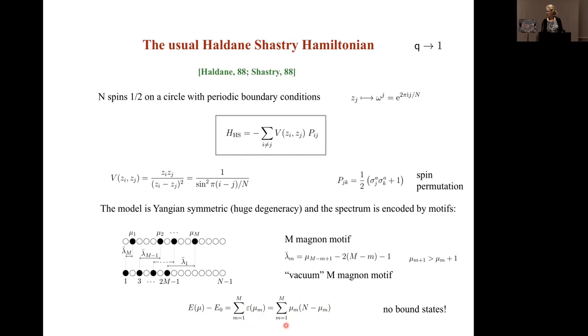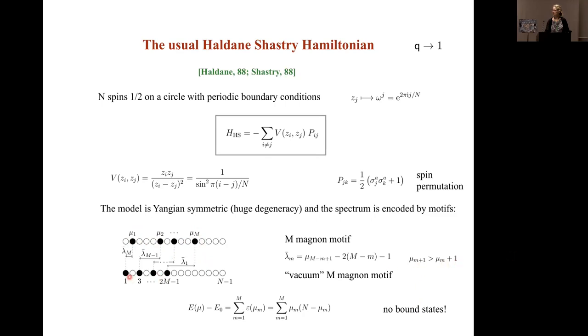The mu_m are M integers, which are in some sense the momenta of the M magnons. So you can encode the spectrum of a particular state in these M numbers, which you can call rapidities, like in XXX. The different mu's are constrained by the fact that they are separated by at least one unit.